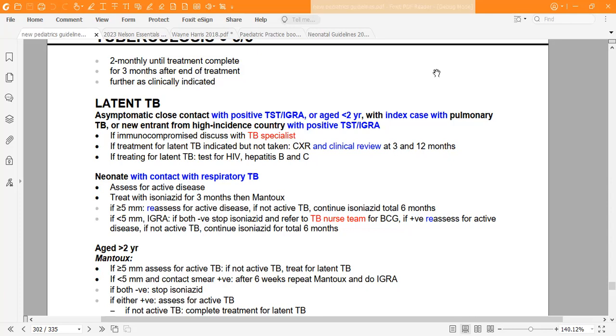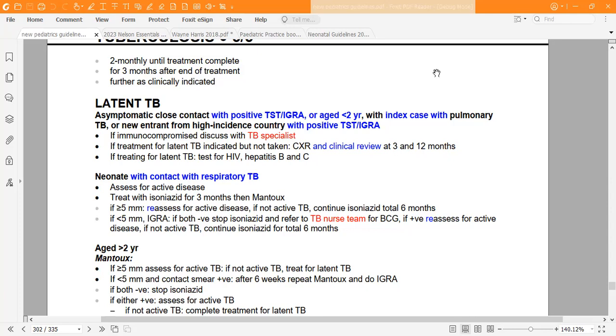If treating for latent TB, test for HIV, hepatitis B and C.